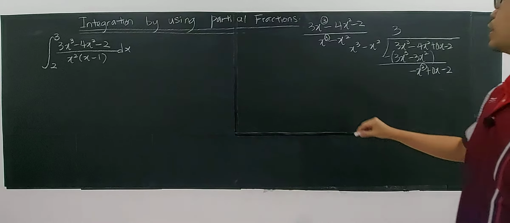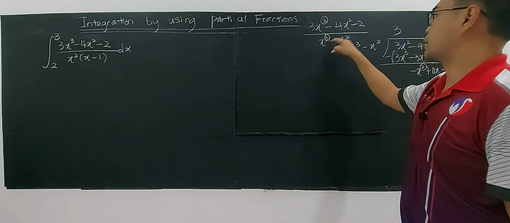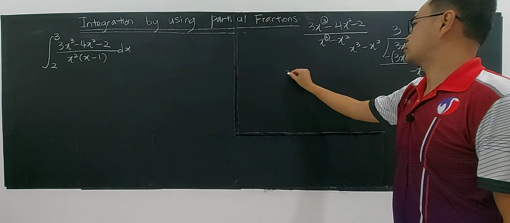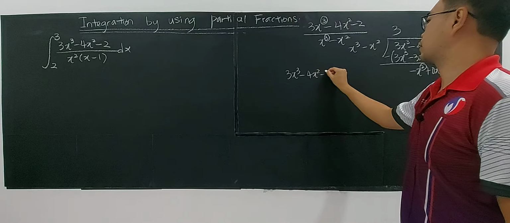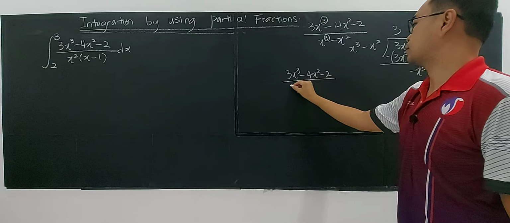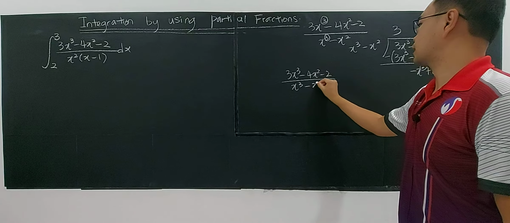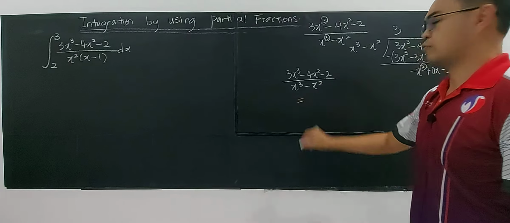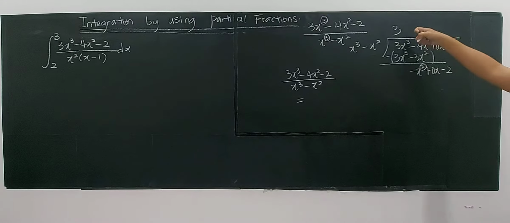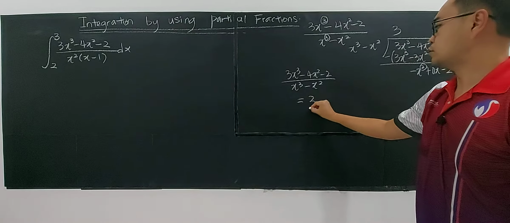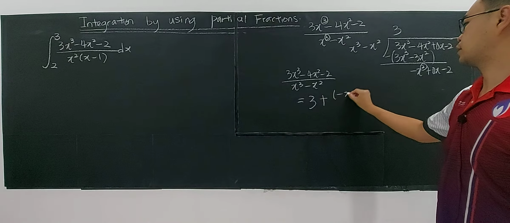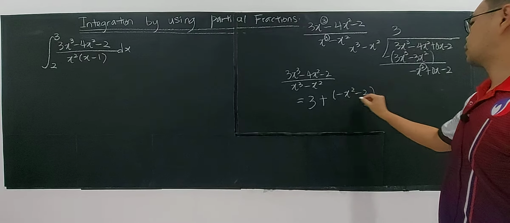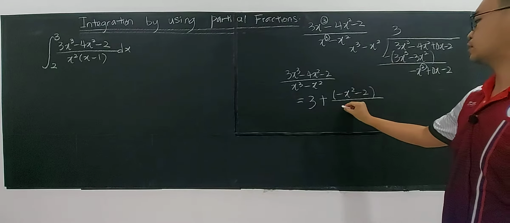So I can rewrite this fraction, 3x cubed minus 4x squared minus 2 divided by x cubed minus x squared, in the form of the quotient plus the remainder divided by the divisor.